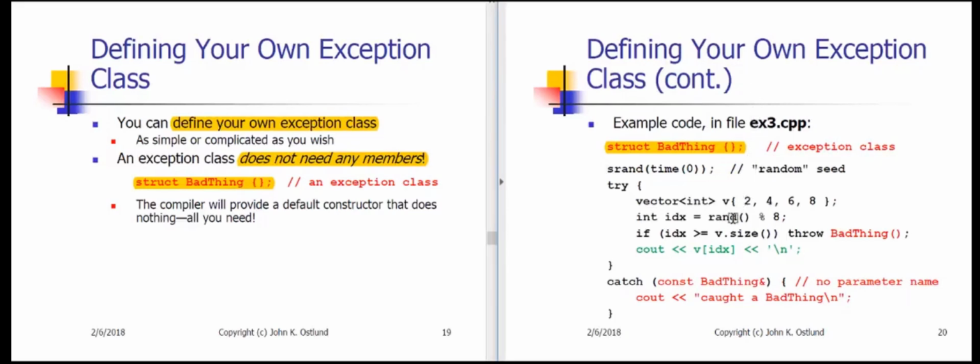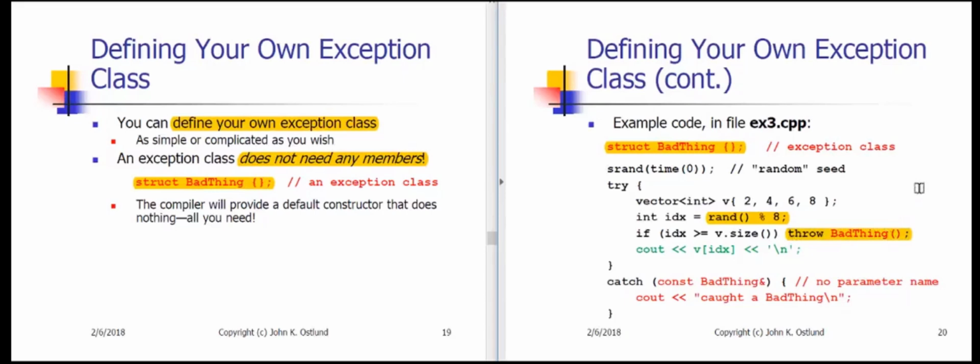And here in this try block, we're once again selecting a random index between 0 and 7. So half the time our index is going to be outside the bounds of this vector. And if we discover that the index is bogus, we can say throw a bad thing.